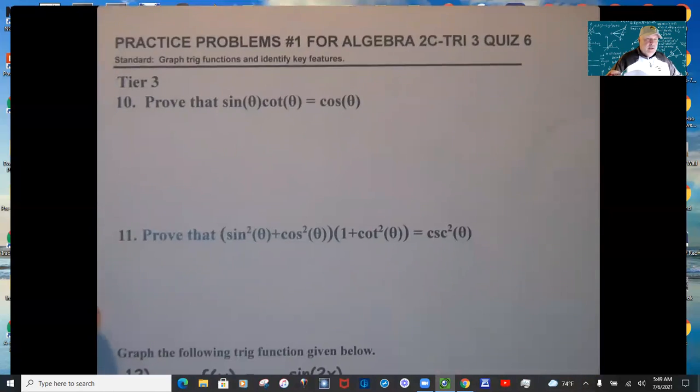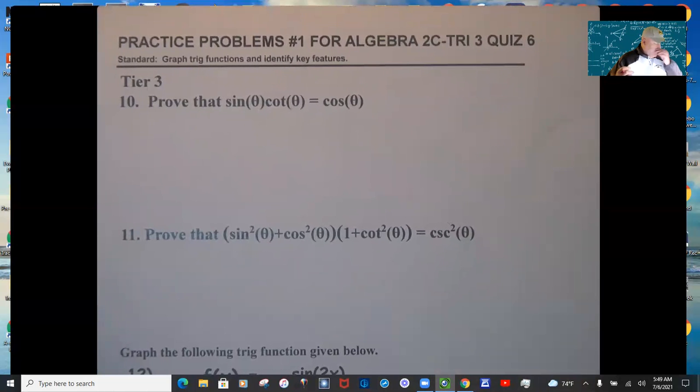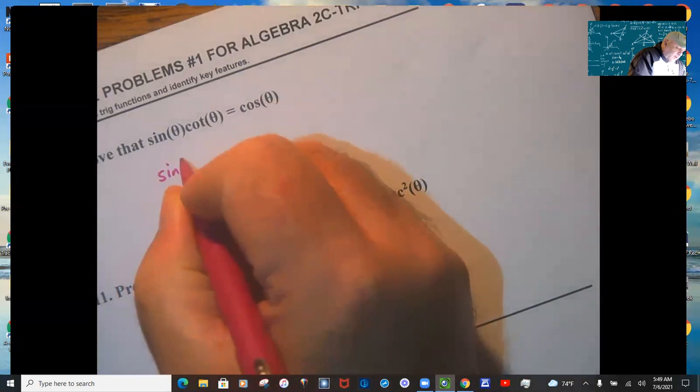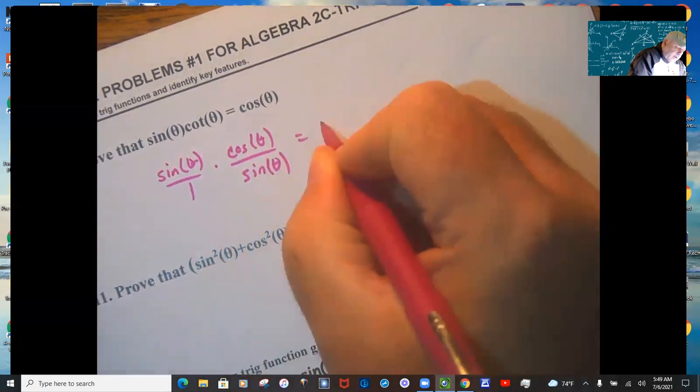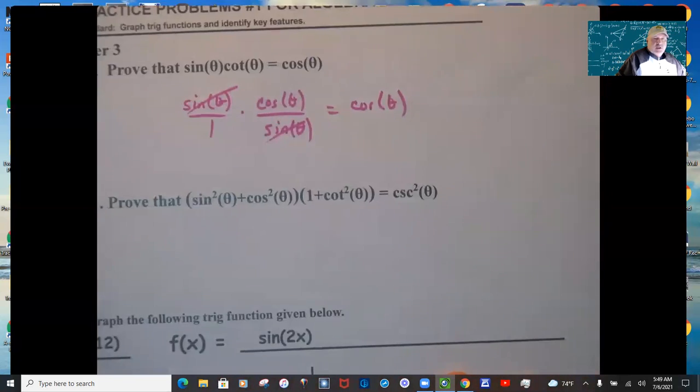Okay, and then 10, you want to again try to turn everything into sine and cosine, and then cancel and reduce and see what you get. So we're going to keep the sine as is. We can put that over 1, and cotangent is cosine over sine. Now I'm going to tell you, you're only going to have to do one simple substitution and you're going to have it.